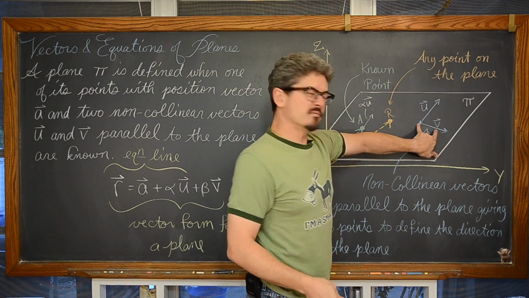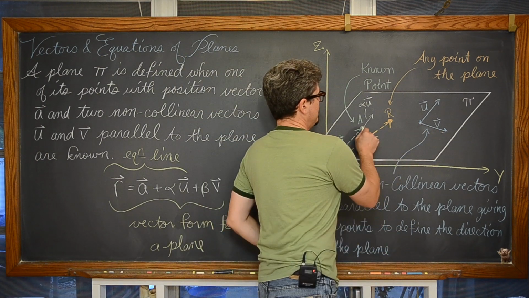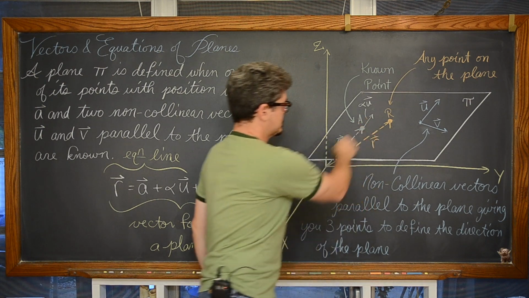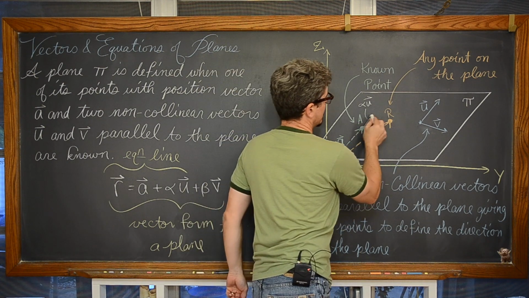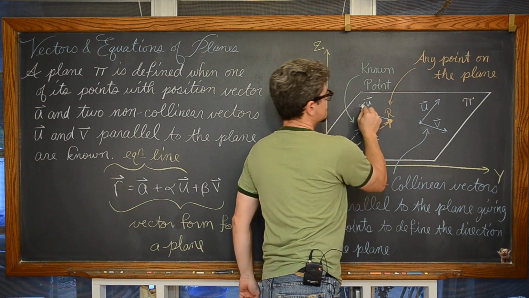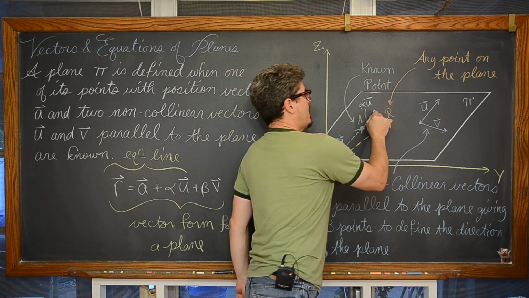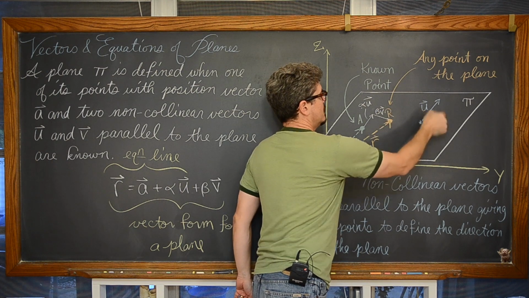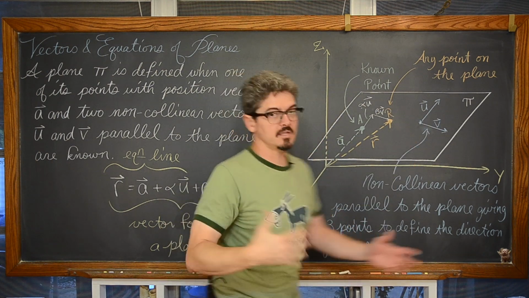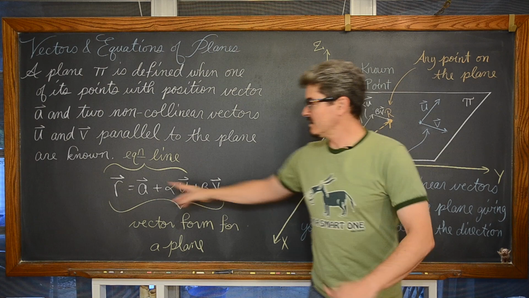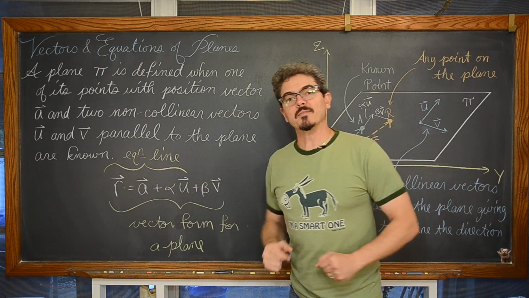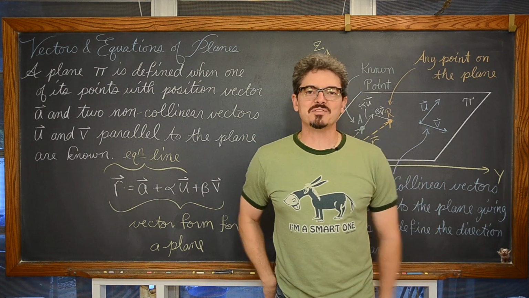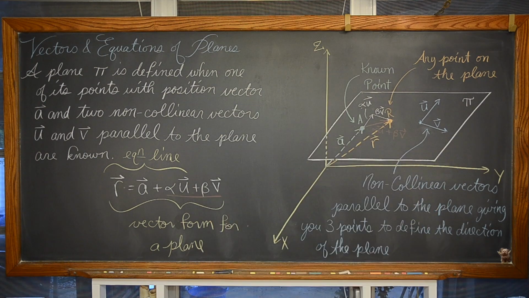We might need to shorten up v a little bit, but from point A with a position vector of vector A, we can move some multiple of u and add that with some multiple of this other non-collinear directional vector, basically the directional vectors for the plane, and we can define every other point on the plane. That's what's going on, and our first example is coming up right now.